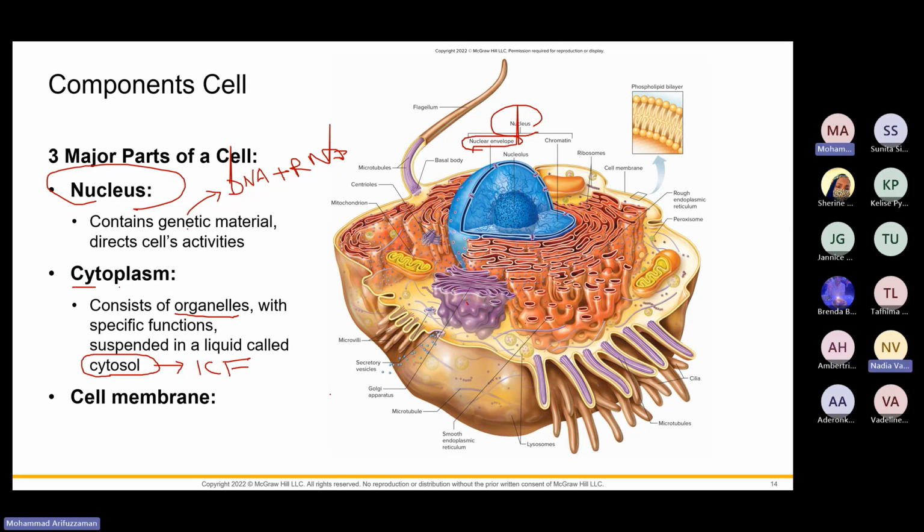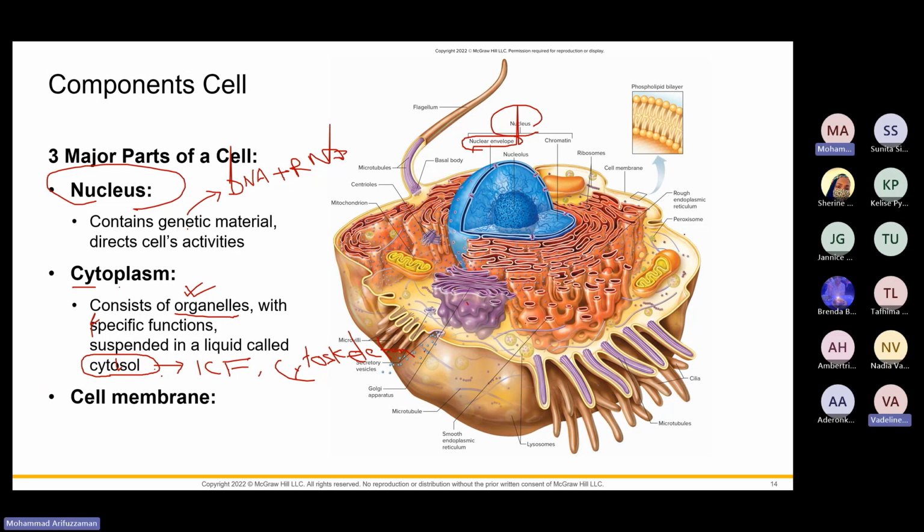So the liquid inside the cell. We'll learn details later. Cytoplasm consists of the cytosol, that is intracellular fluid, and the cytoskeleton. These are protein filaments.